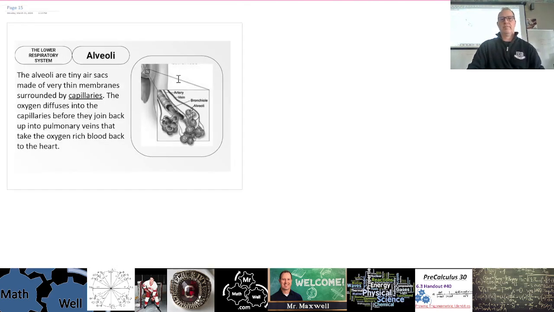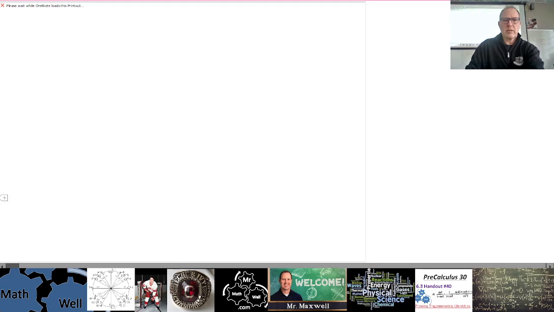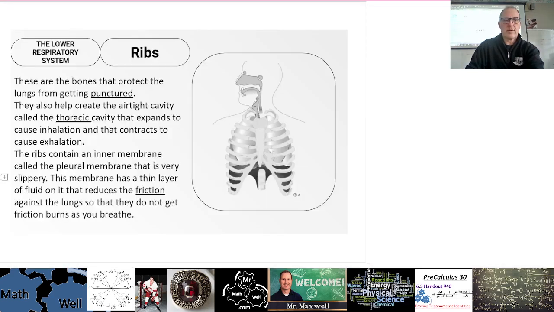Wait, it's backwards. No, it's because it's the pulmonary system. The pulmonary arteries are the only arteries that carry deoxygenated blood. So the pulmonary artery goes into the lungs. Arteries always carry blood away from the heart to get the oxygen, and then the veins carry it back to the heart.